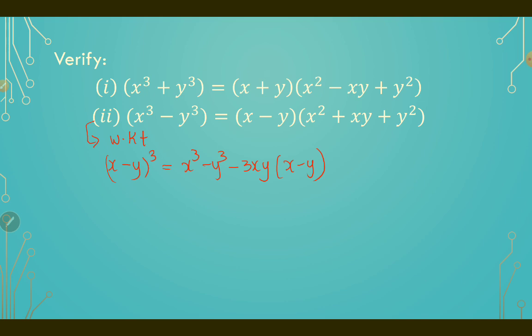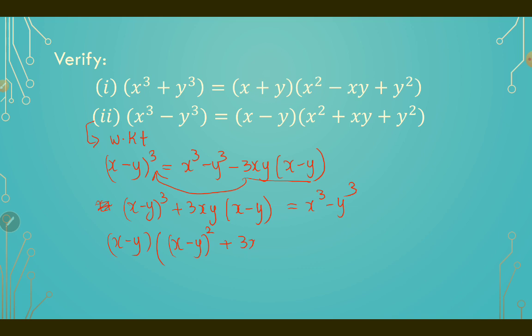So when I take this to the other side, I get x minus y the whole cube plus 3xy into x minus y, which is equal to x cube minus y cube. So I'm taking x minus y common. I get x minus y the whole square plus 3xy, which is nothing but x cube minus y cube.